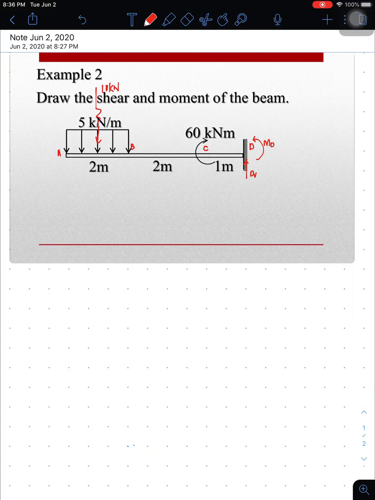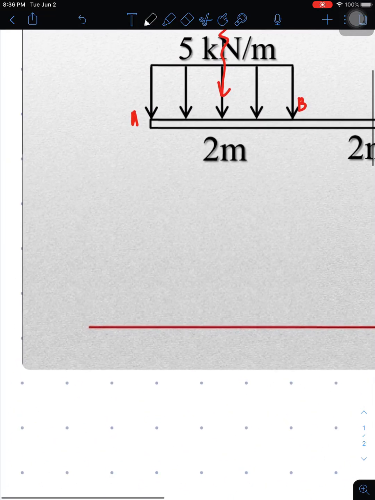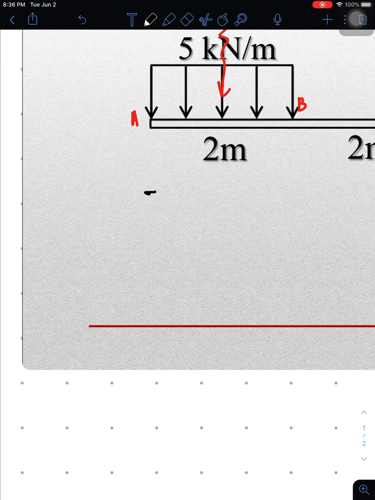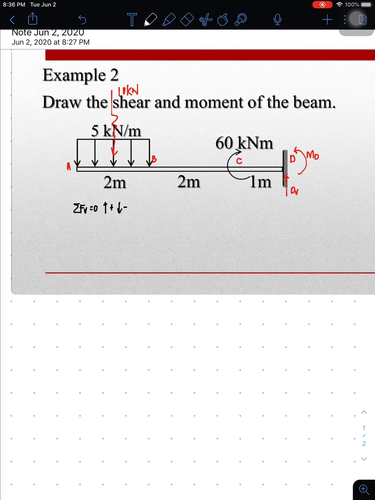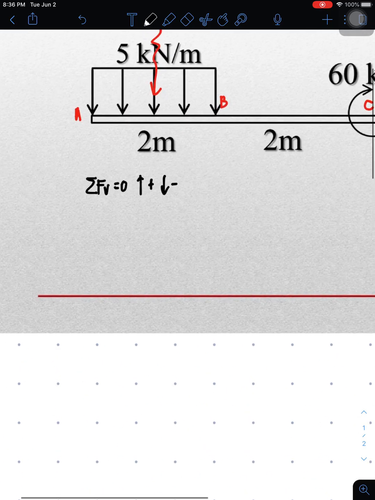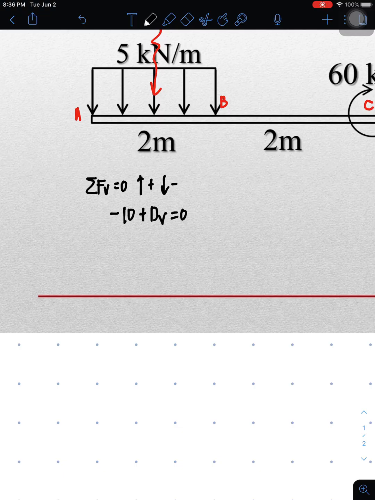Now we solve the vertical reaction, summation of forces vertical equals 0. The forces on the vertical side are only this 10 and this DV. So negative 10 plus DV equals 0. Therefore, DV is equal to 10 kilonewtons.